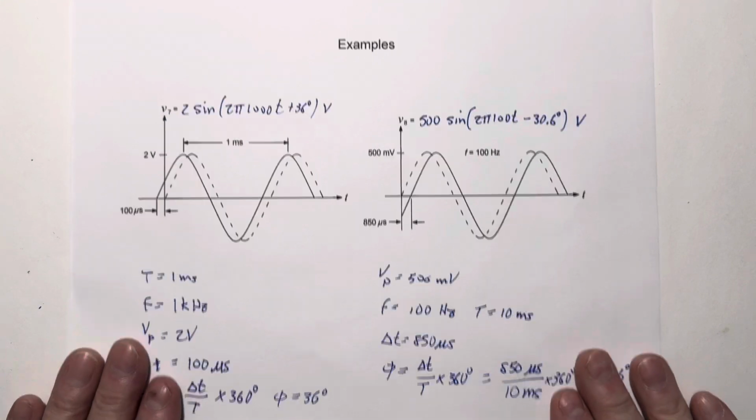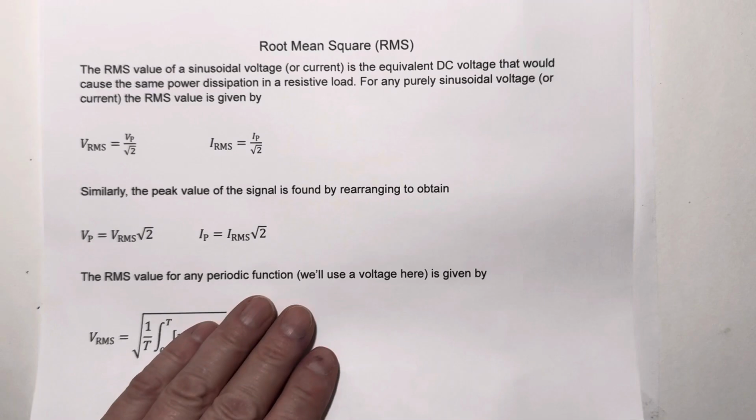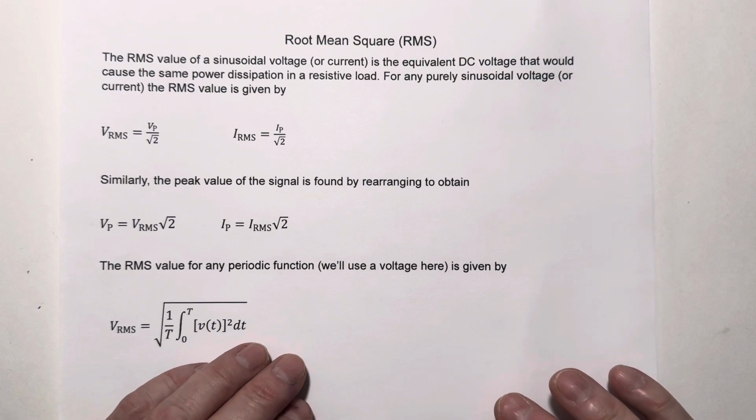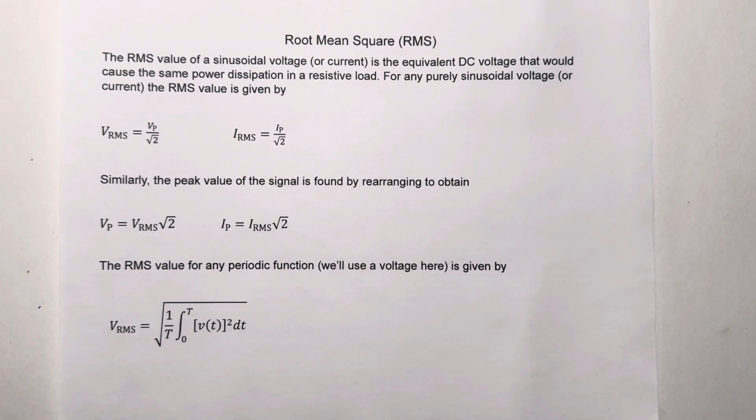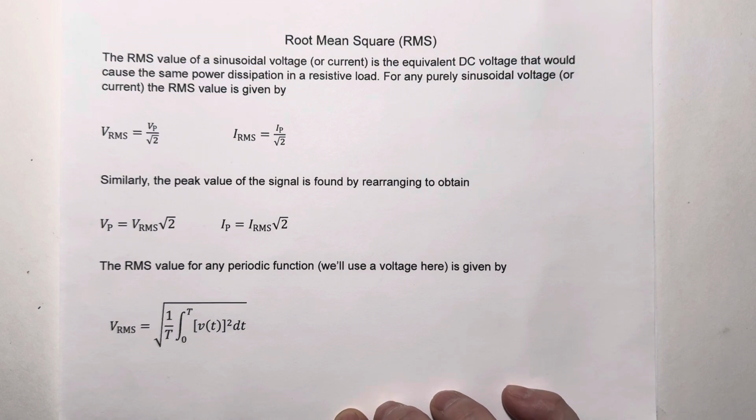And finally, to wrap this one up, let's talk about the root mean square value of a sine wave. We usually just call it the RMS value, and it's the equivalent DC voltage that would cause the same power dissipation as that sine wave in a resistive load.